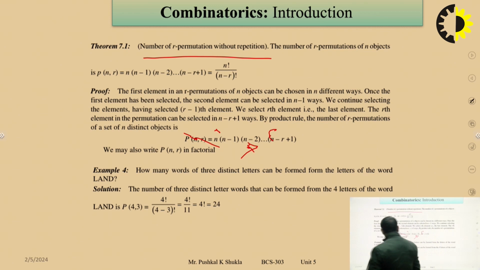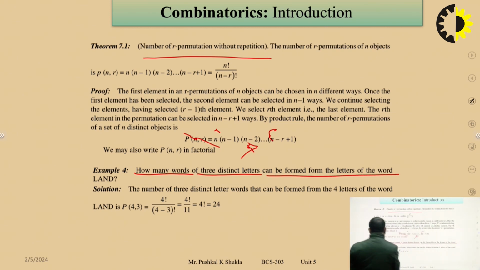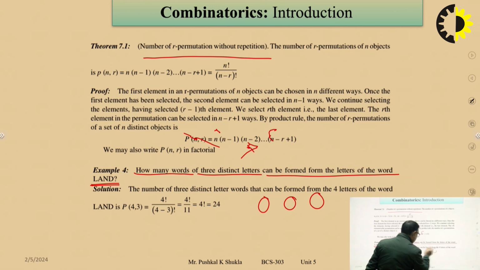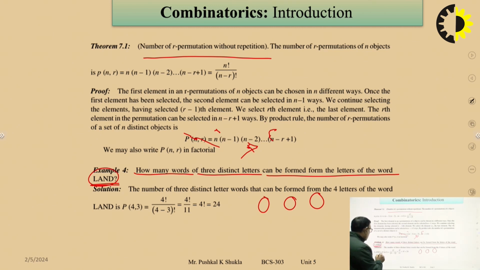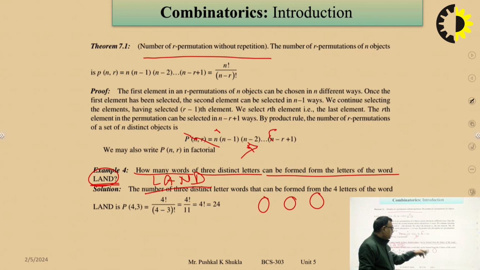For example, how many words of 3 distinct letters can be formed from the letters of the word LAND? LAND has 4 distinct letters, L, A, N, D, and we have to form 3 distinct letters out of the 4 letters. So what will be the possible arrangement?